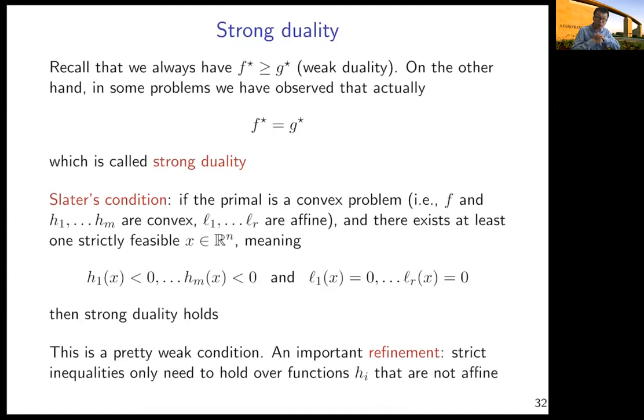In addition, there's an important refinement of Slater's condition that says you only require the strict inequality to hold for some feasible solution for those inequality functions h that are convex but not fi. For those functions that are fi, you can get away with feasible solutions that are not in the strict interior.